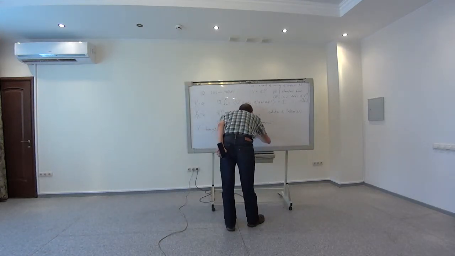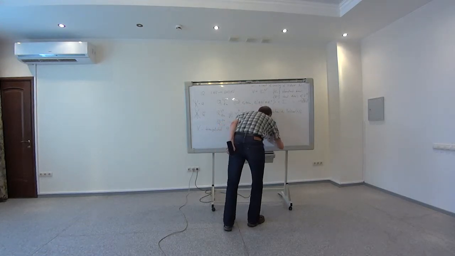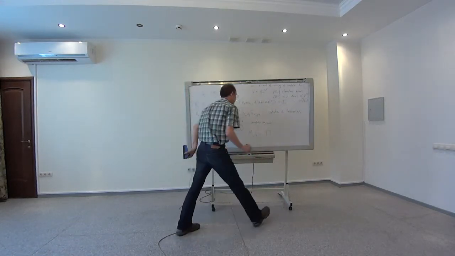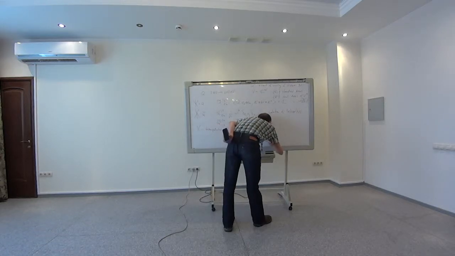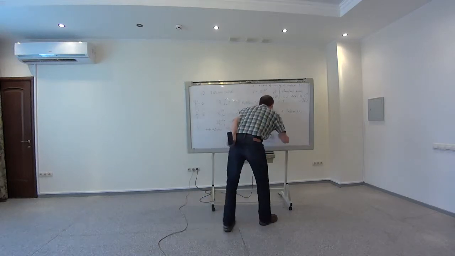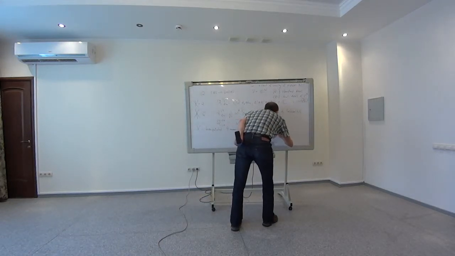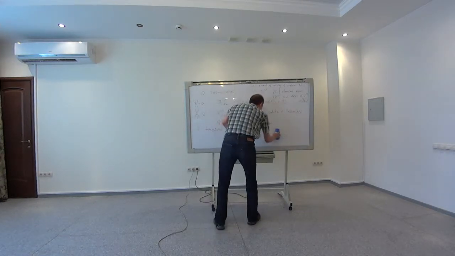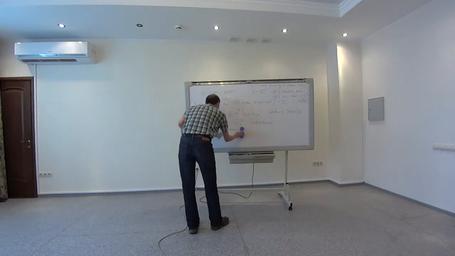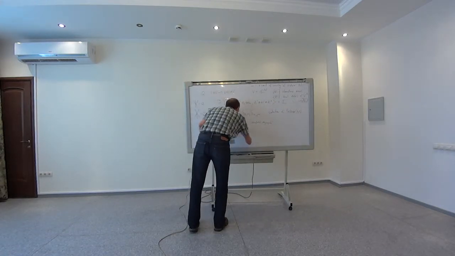I define M omega applied to X is given by a product over pentachora of W of P. Okay, sorry. Let me erase all this for the manifold.